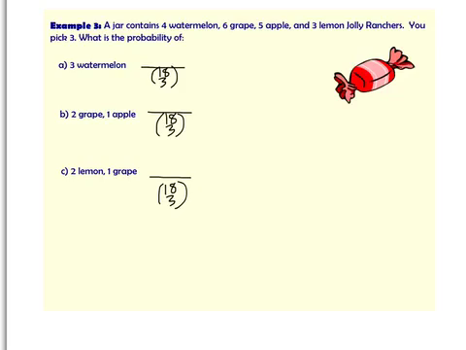Now the numerators will depend on what you're actually picking. So for the first one, you're picking 3 watermelon. Well, there's 4 total watermelon, so the number of ways to choose 3 watermelon is 4 choose 3. So that's 4 over 816, which is 1 out of 204. So our probability is 1/204.